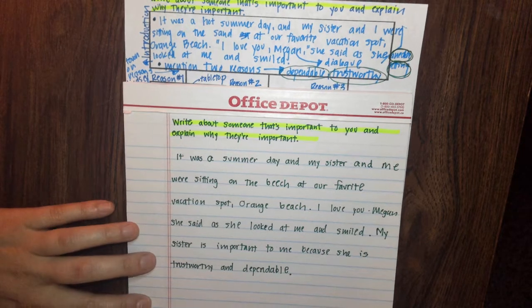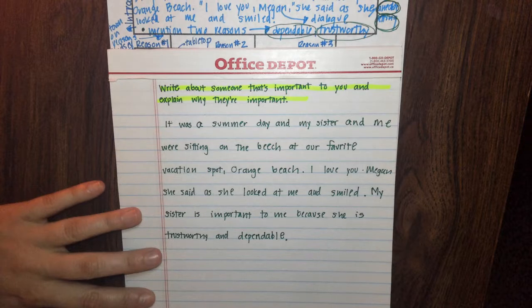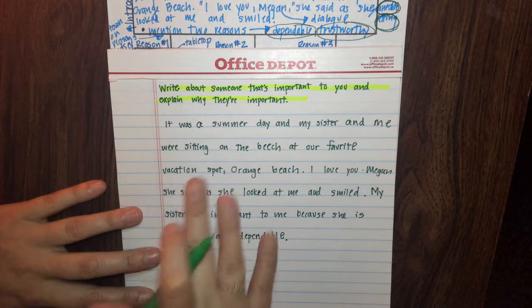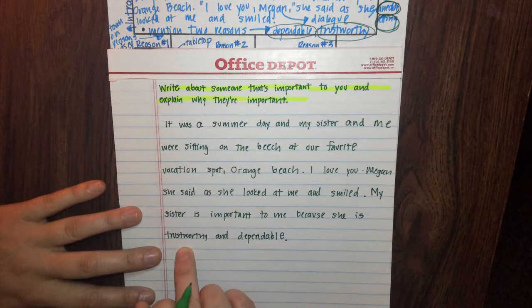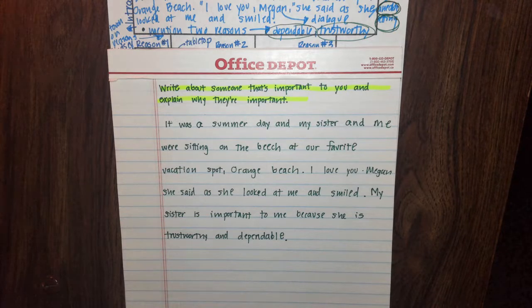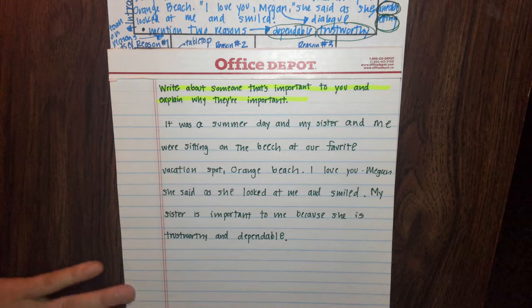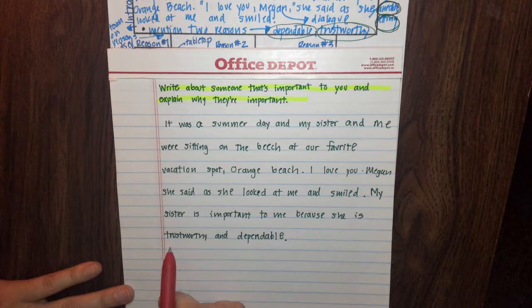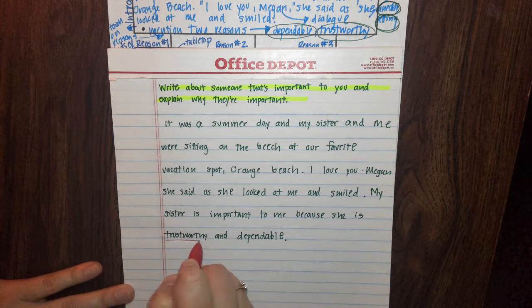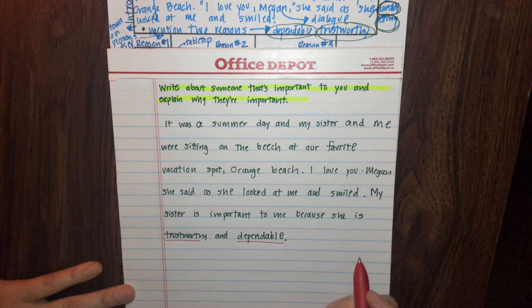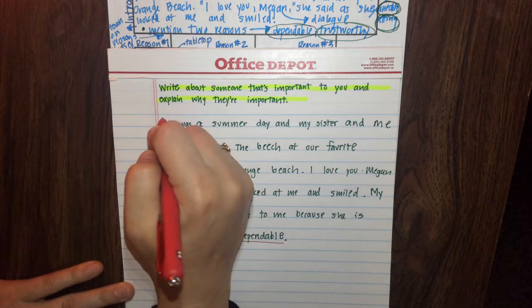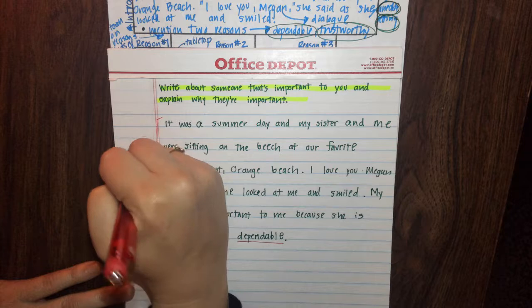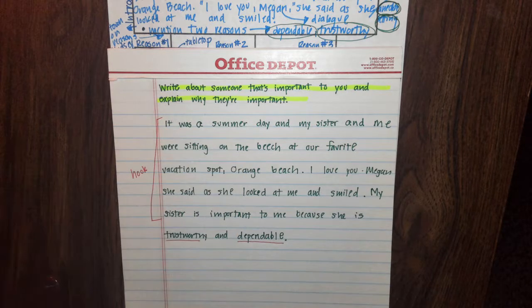All right. So now once my reader starts reading my essay, my reader now knows exactly who I'm writing about, what I'm writing about, and what that looks like for the rest of my essay. So I've stated my 2 reasons. I've made my claim. I've stated my hook. Now really quickly before I move on, I want to go back and revise and edit.